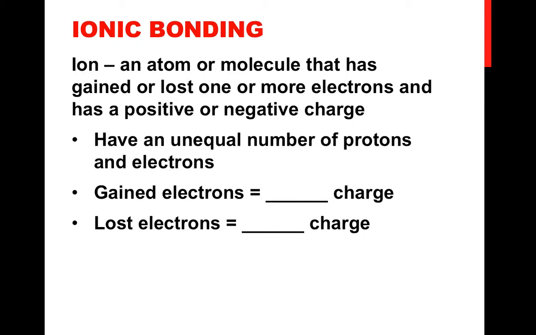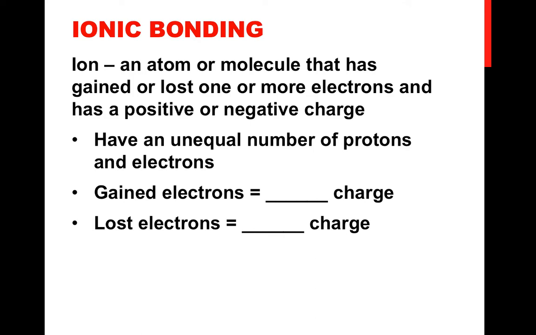Okay, the third type of bonding is ionic bonding. Ionic bonding is an atom or molecule that has gained or lost one or more electrons and has a positive or negative charge. So they have unequal numbers of protons and electrons. So if you gain electrons, what kind of charge is the ion now going to have?